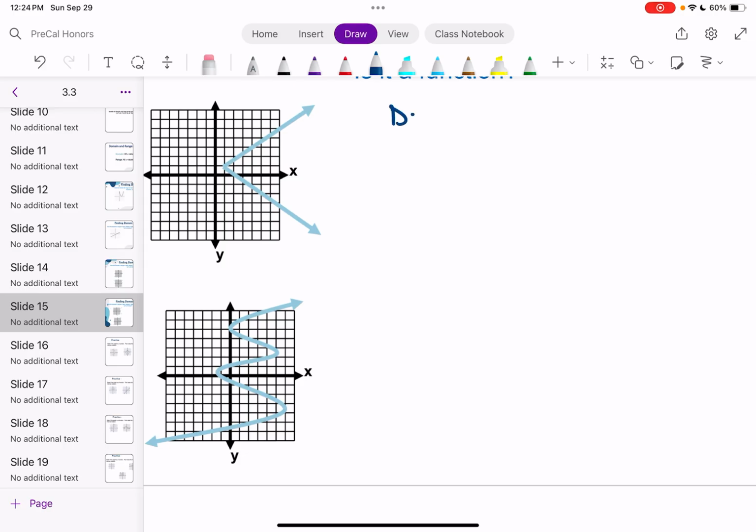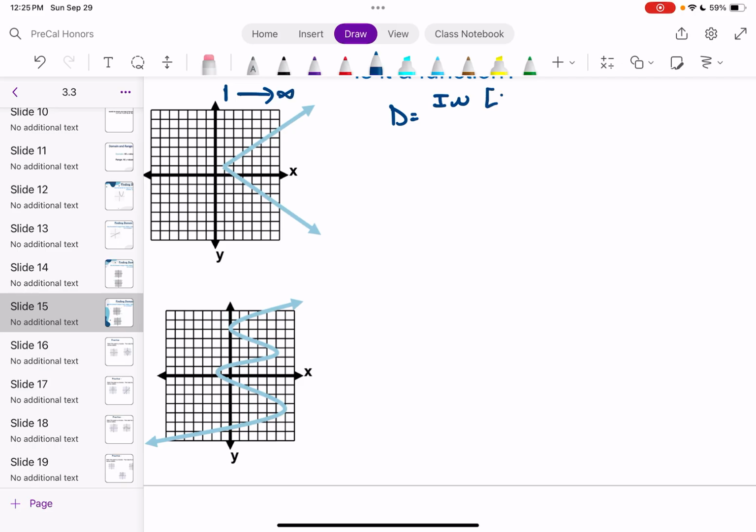Our domain in interval notation, keep in mind we are looking from the furthest left to the furthest right. In this case, we are starting at the 1, and we are going to positive infinity.